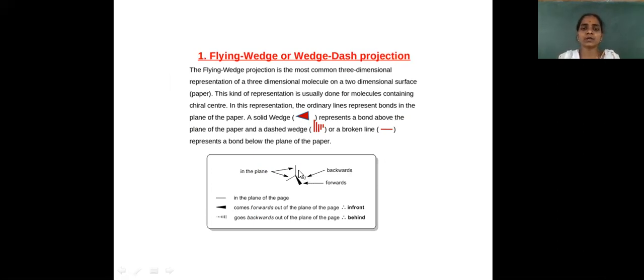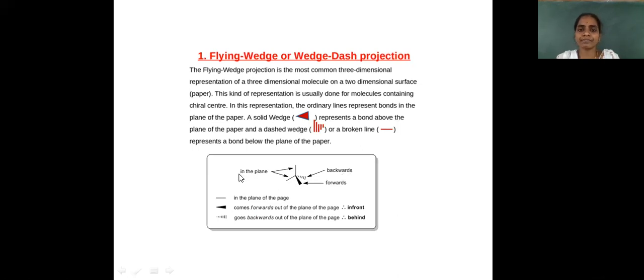Here there are 2 normal lines, one dotted line and a wedge bond. What is the wedge representing, what is the dotted or broken line representing, and what are the normal bonds representing? The normal bonds represent the bonds that are on the plane of the paper or on the board.